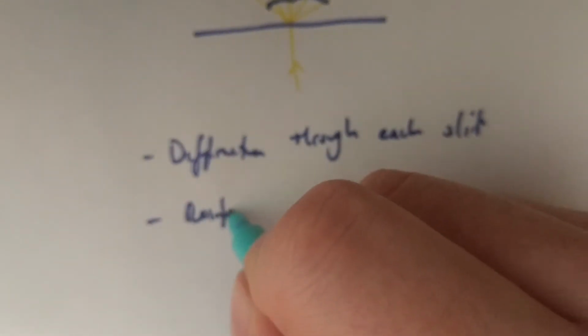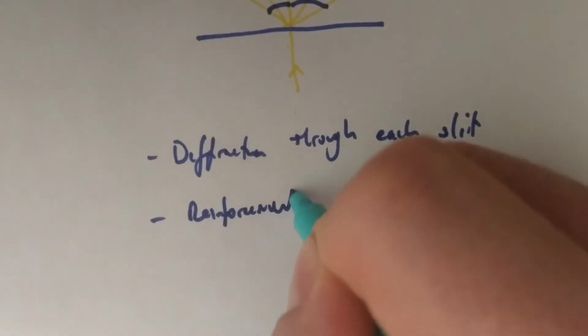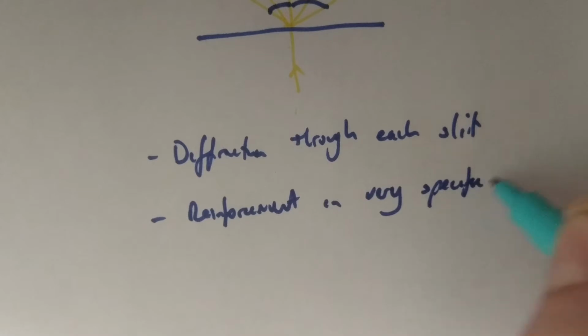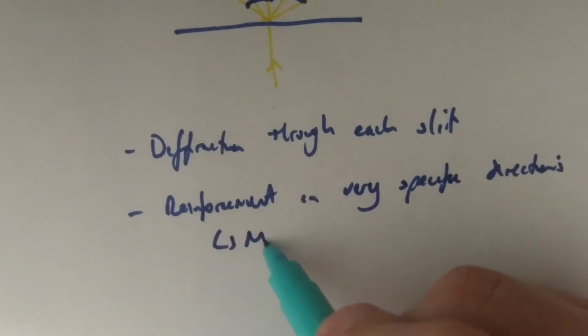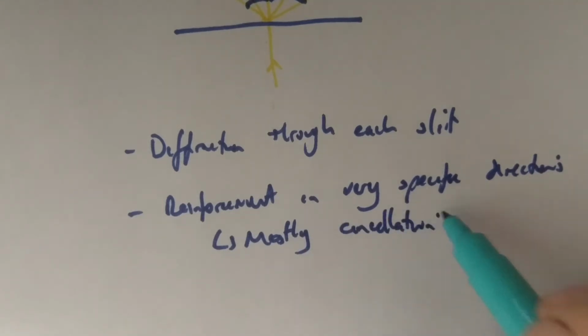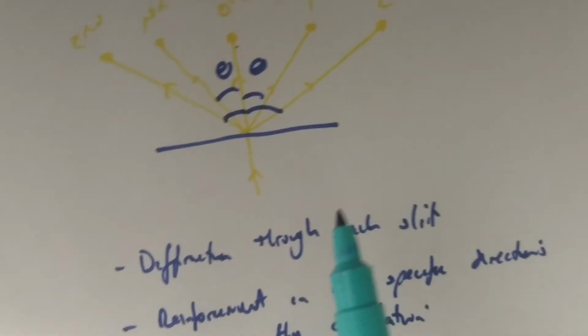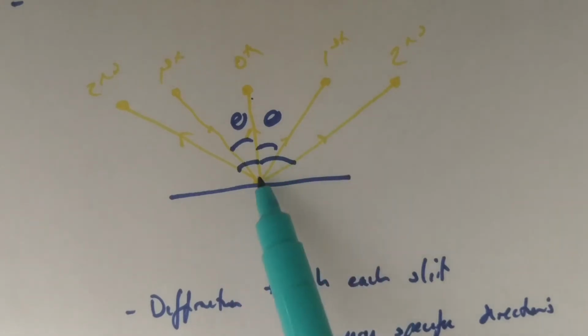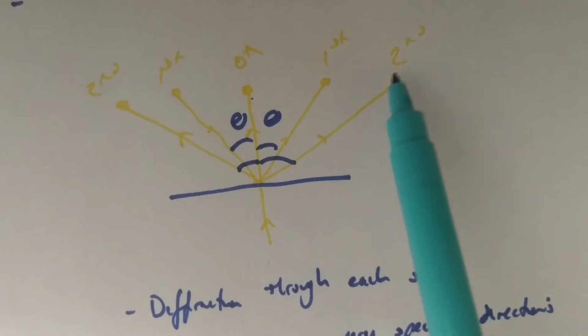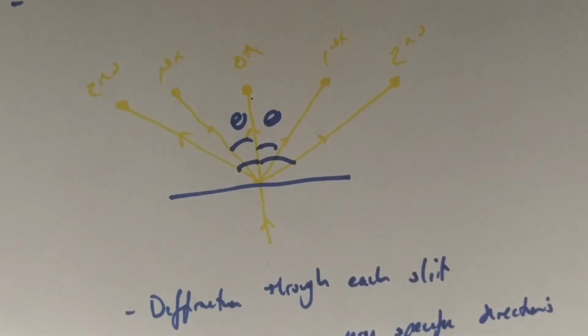We only have reinforcement in very specific directions. It is mostly cancellation. Pretty much all cancellation, and only at these, in this case 5, very specific points do we get reinforcement, and we see the bright spots.